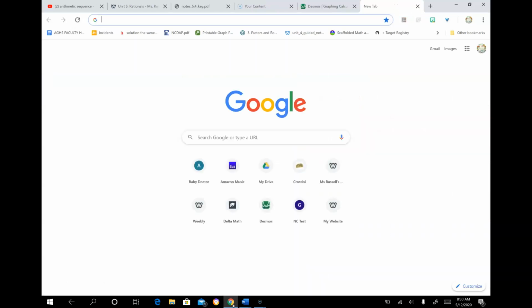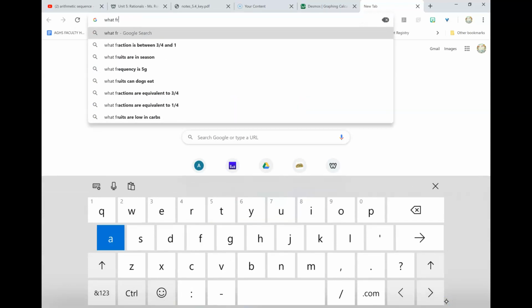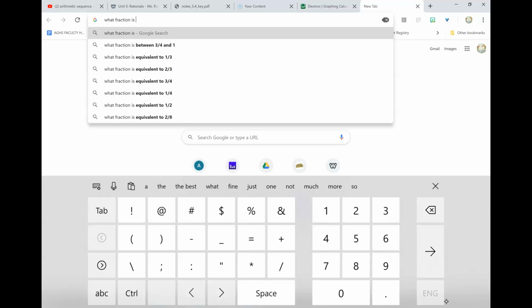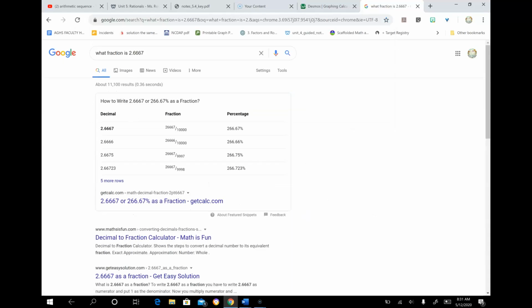So we go over here and we're going to Google it. What fraction is 2 point... There you go. Look right there. So what we're going to do is just do the decimal, and I'll show you what to do.